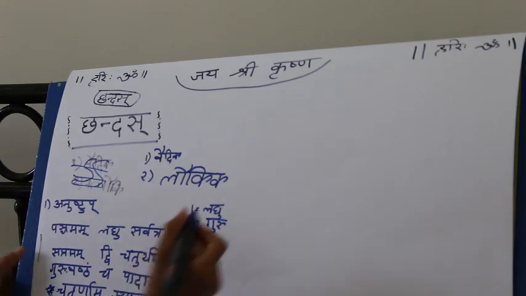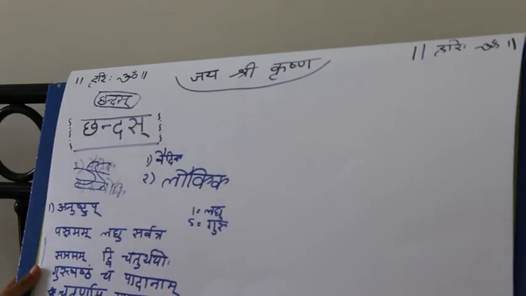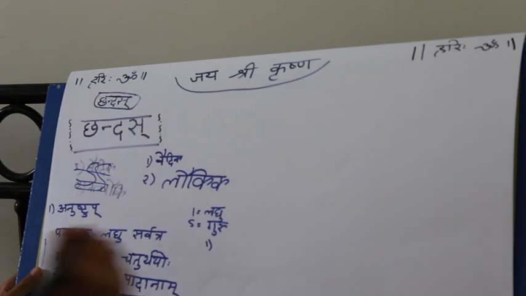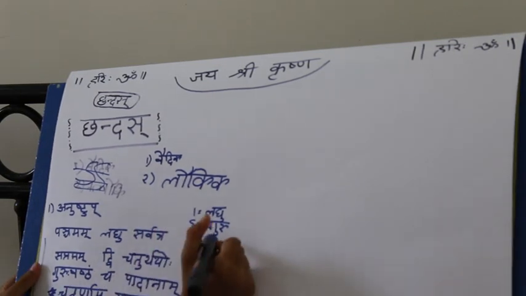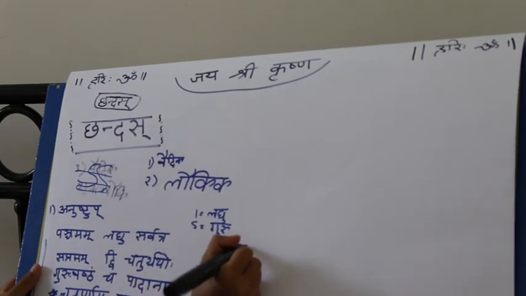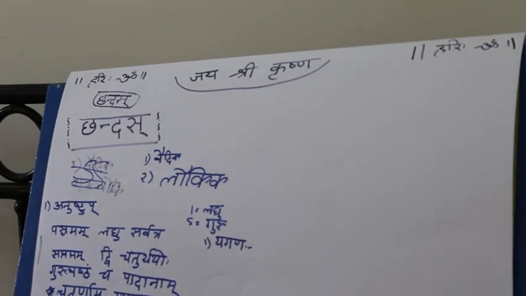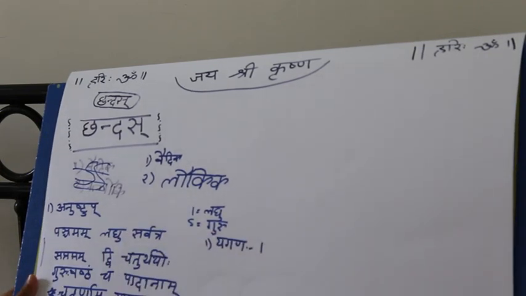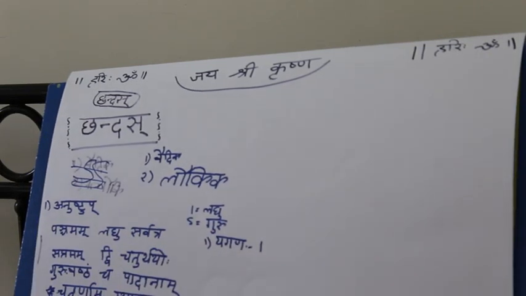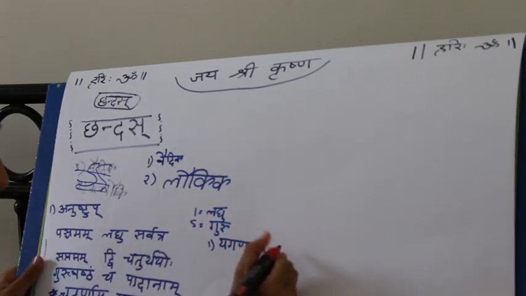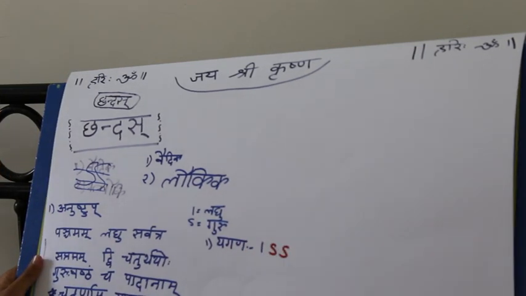In these ganas, the first is Yagana, in which I is the first part, the Adi Laghu, and S and S are the second parts.